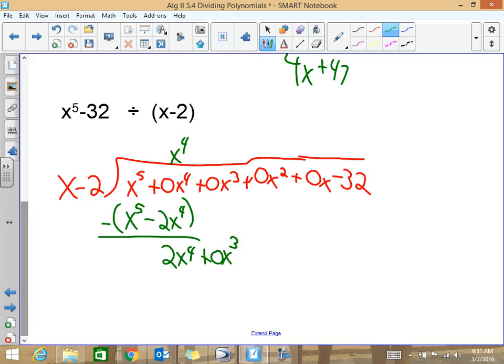Now, what do we have to multiply x by to make it 2x to the 4th? 2x to the 3rd, right? Then we distribute: 2x to the 3rd times x gives us 2x to the 4th. 2x to the 3rd times negative 2 gives us negative 4x to the 3rd.